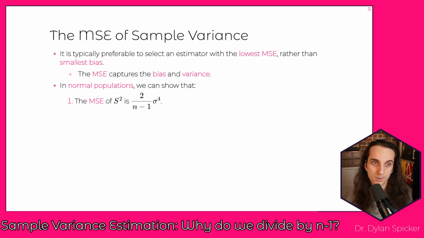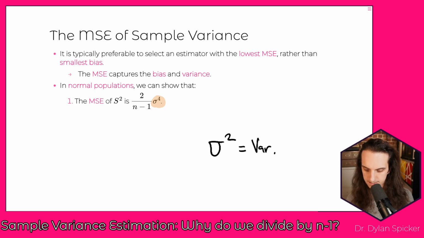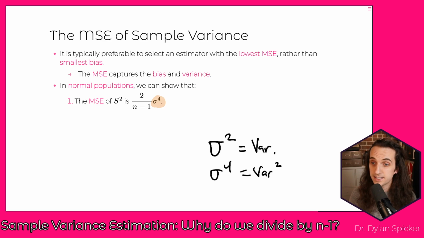Here, sigma squared gives us the population variance, and so sigma to the power of 4 is the variance squared. So the MSE is related to the variance here, and in particular, it's 2 divided by n-1 times the variance squared.